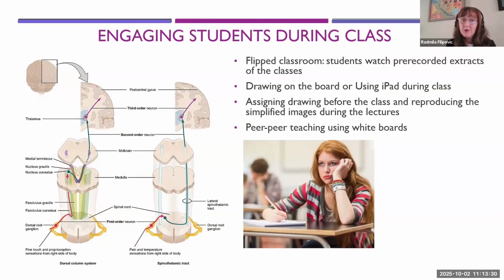We try to make it more interactive and more relevant for students, and try to spark some love for neuroscience and neuroanatomy. In our classes we use a flipped classroom, where we pre-record some small extracts from the classes before class, when they have to learn some basics, so that when they come to class they have some knowledge.